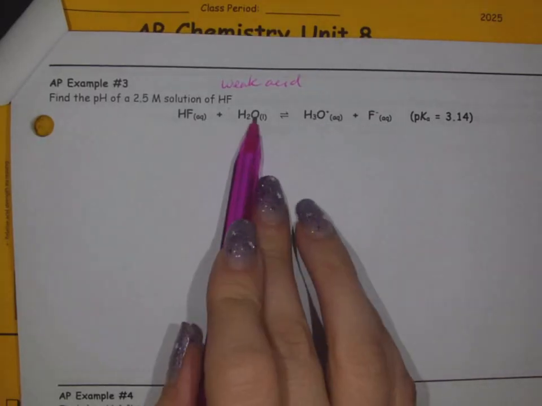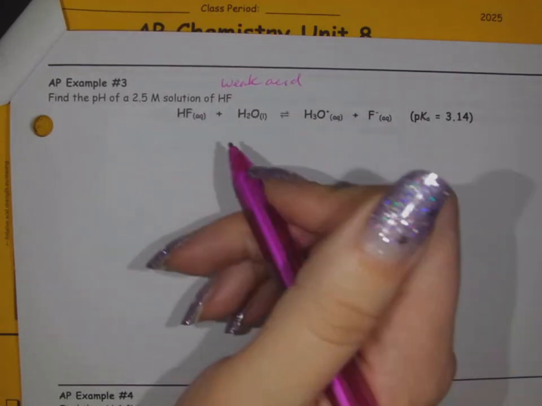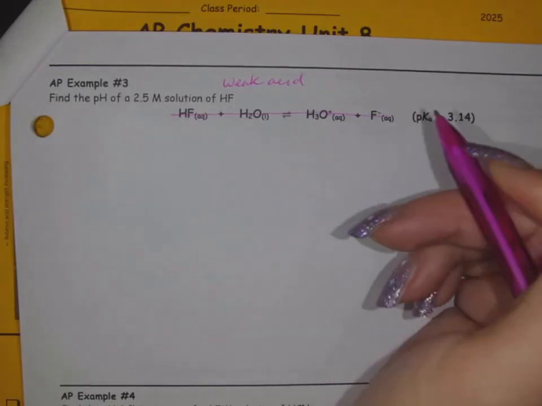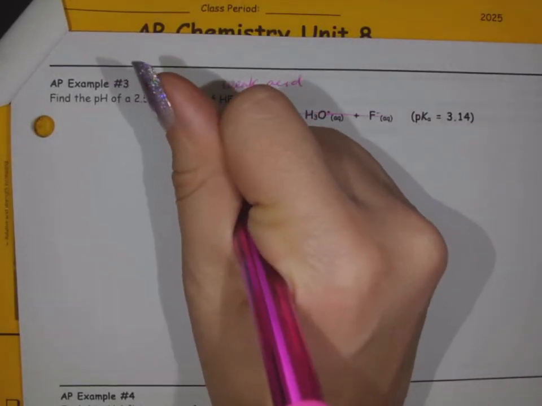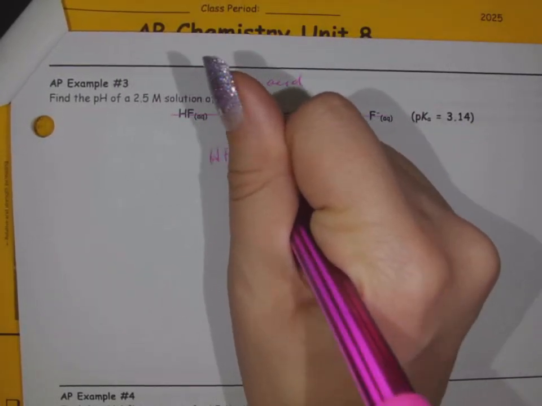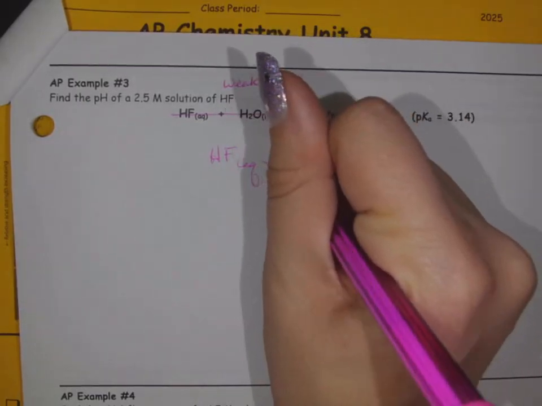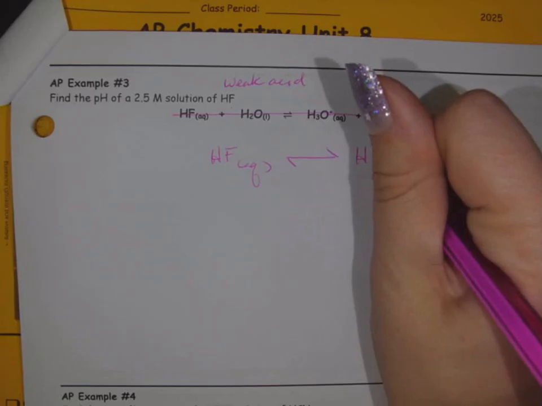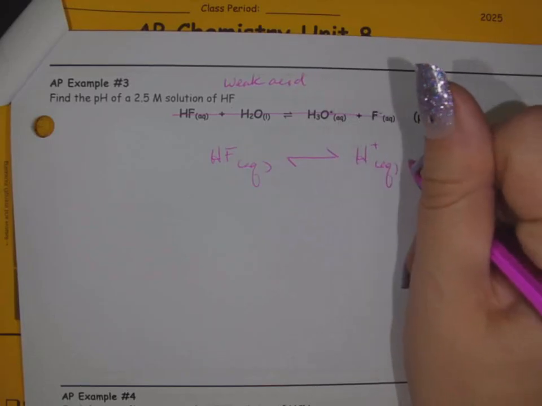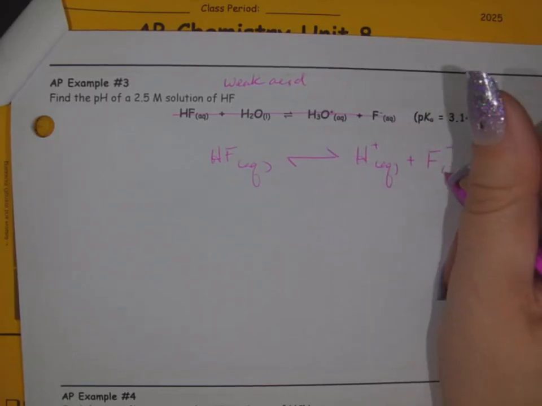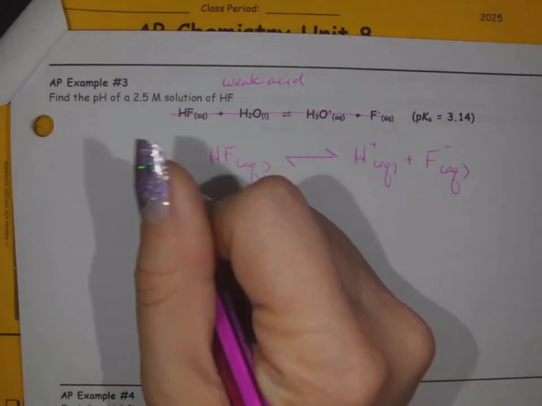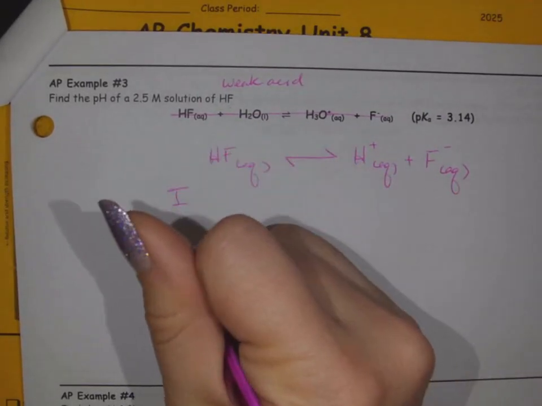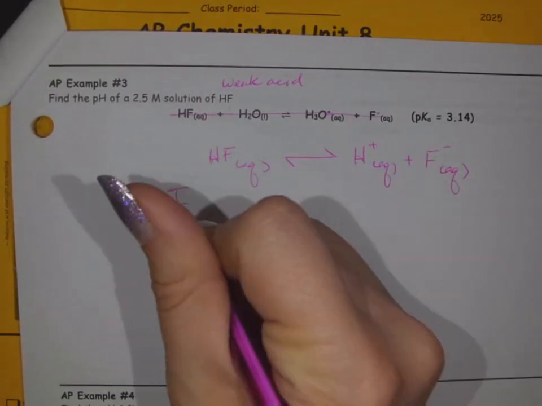Now, we can include the liquid in here, but let's try this other reaction, the one where it's just HF aqueous, and it's weak, so we get this equilibrium, but it's going to break apart into H+ aqueous and F- aqueous. Because it's equilibrium and I want to know what's going on with H+ at equilibrium, I'm going to do an ICE table.